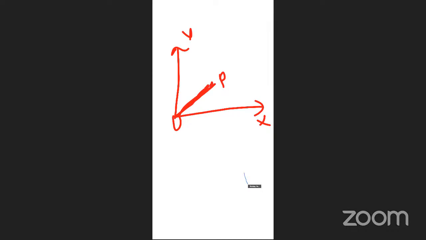Let us consider this is the x-axis and y-axis, and this is the center O. The axis of rotation is passing through O, perpendicular to the plane, and we choose a particle P. The position vector is R, at an angle theta. For different particles in the plane, the values of R and theta will be different.